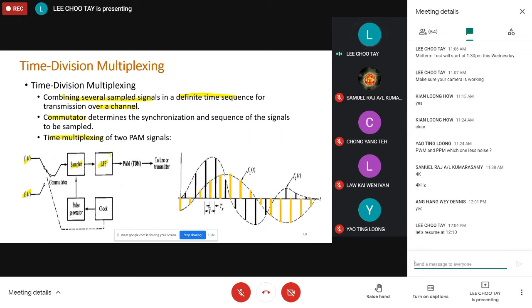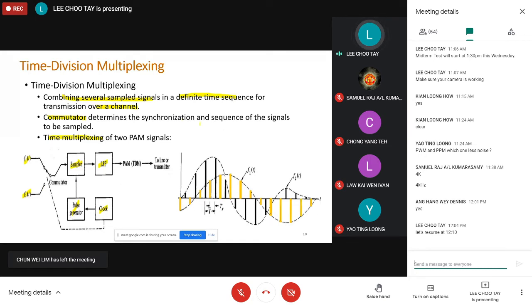Let's look at how it works here. As far as the sampler is concerned, we need to sample at a fixed interval, so this sampler is controlled. We have a pulse generator that generates pulses to perform the sampling. And then, of course, we have a clock that controls the frequency of the pulses, as well as the switching of the commutator between signal 1 and signal 2.